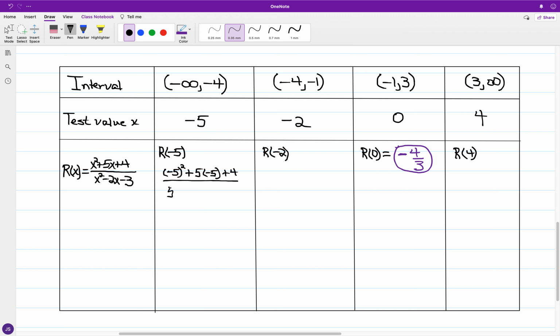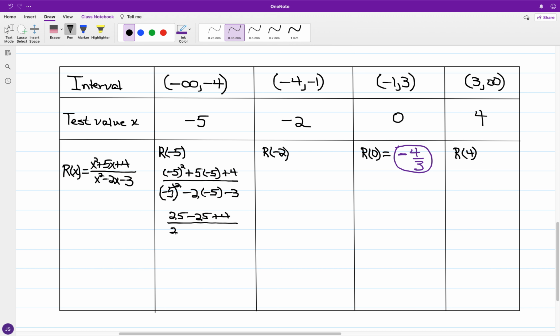And here we have negative 5 squared, minus 2 times negative 5, minus 3. So you got negative 5 squared, so you have 25, minus 25 plus 4.